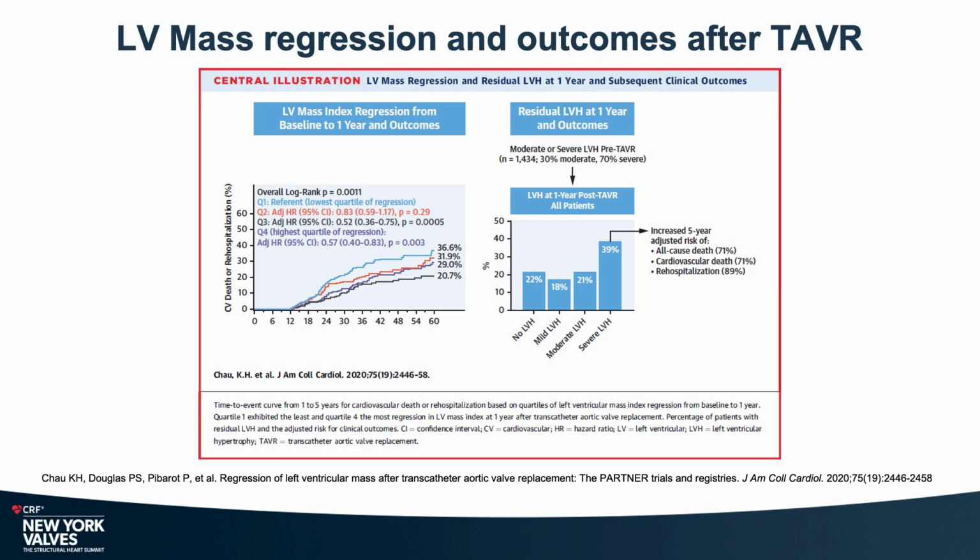And we observed in over 1,400 patients, so this is a robust data set, that the amount of regression at 1 year was independently associated with mortality and rehospitalization between 1 and 5 years. And we also observed that of that cohort of patients with moderate or severe LVH, 39% still had severe LVH at 1 year.